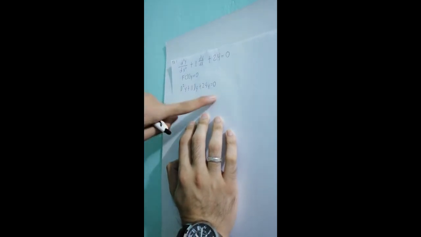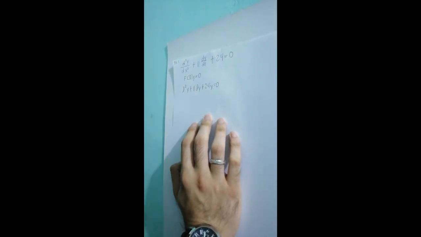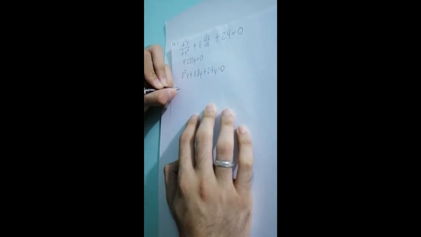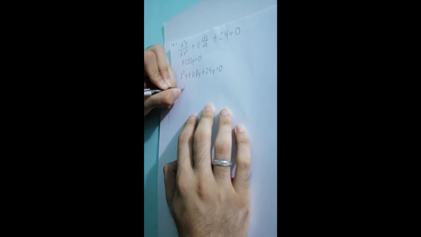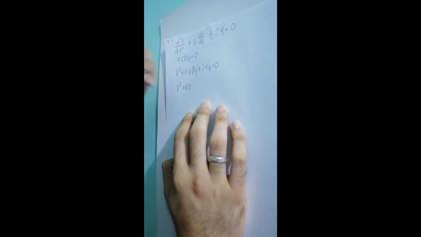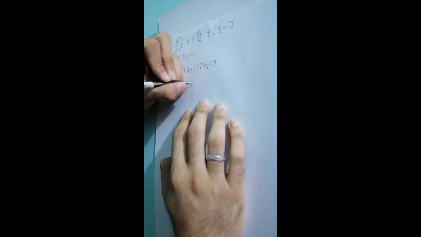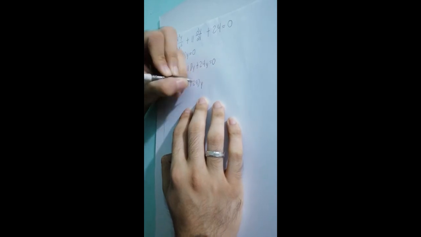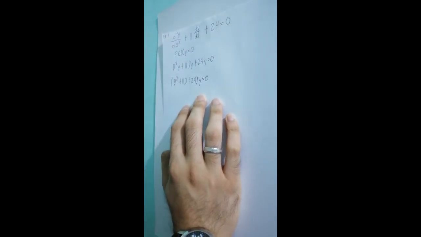Now, if you observe here, they have y, so we have to factor that out, which will result in d squared plus 11d plus 24 times y is equal to 0.